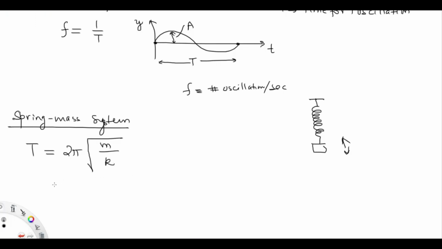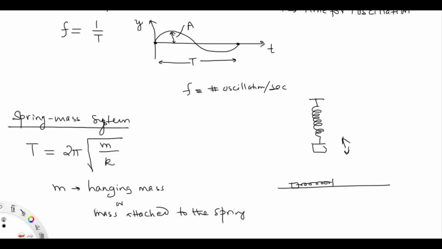Here m is the mass of the hanging object, or sometimes it could be on a horizontal plane, in which case it's not hanging, just the mass attached to the spring. And k is the spring constant, which we already talked about in the previous chapter. It basically tells us how stiff the spring is.